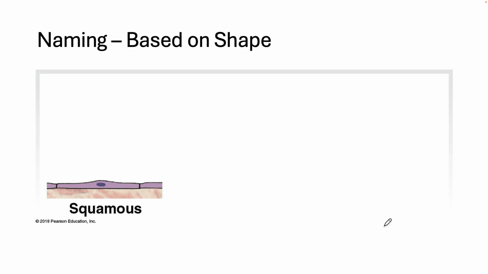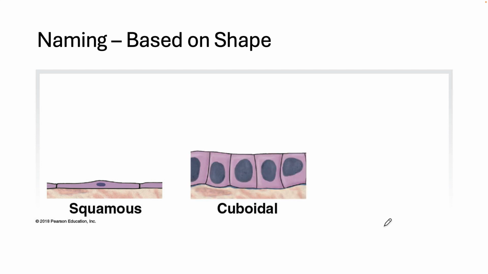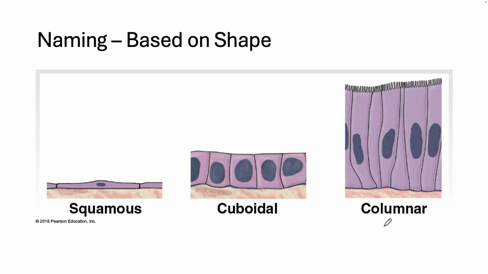The thinnest, most permeable shape of cell is called squamous. These are super thin, like flat pancakes. Slightly thicker are cuboidal cells. They are just about as wide as they are tall, so they make kind of a cube shape. And lastly is columnar, which are easy to remember because they look like tall, thin columns.